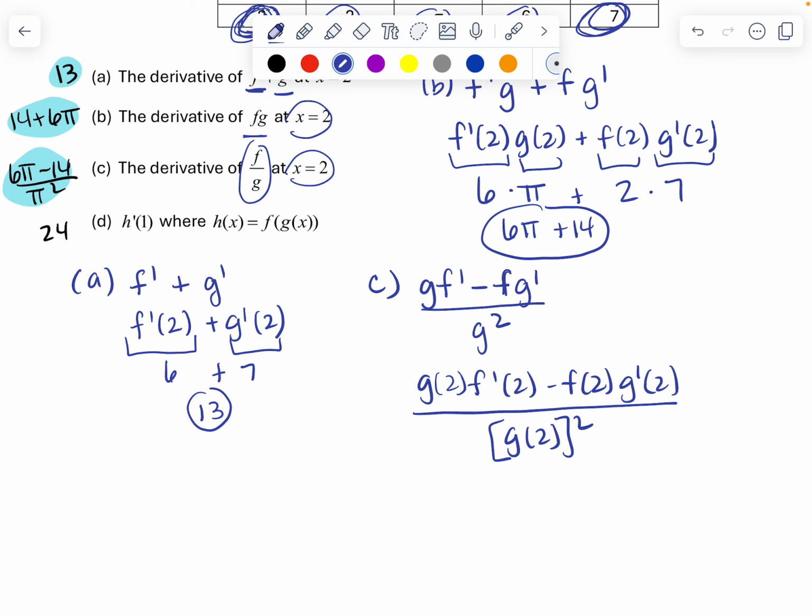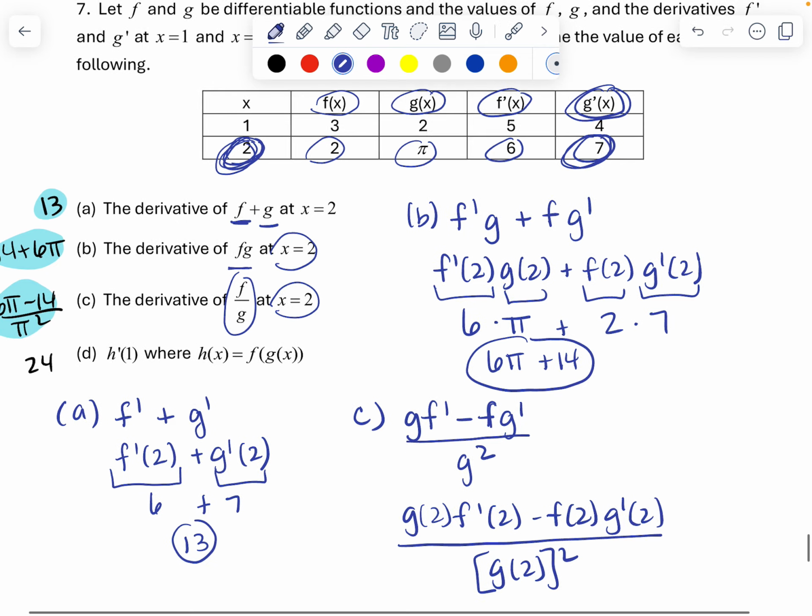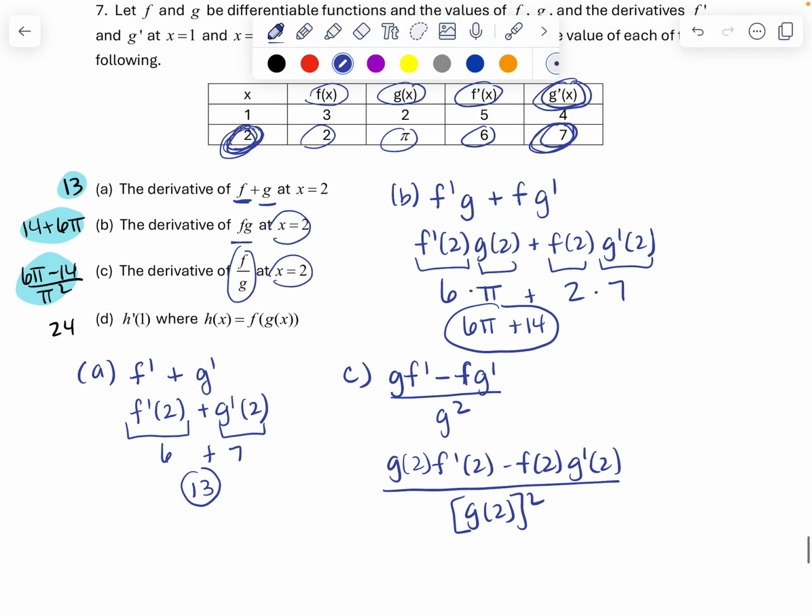Okay, now looking at our table again, let me make it a little smaller so we can see everything.